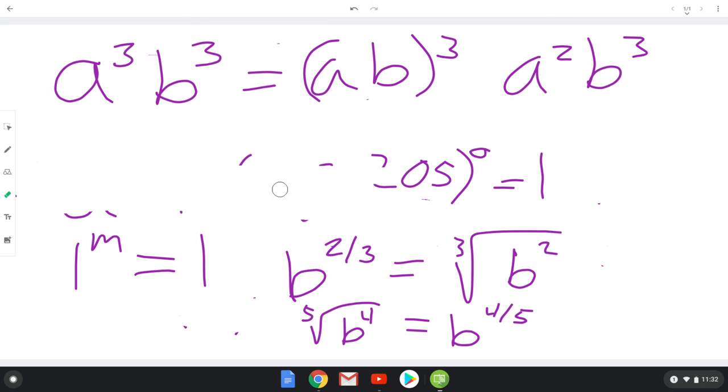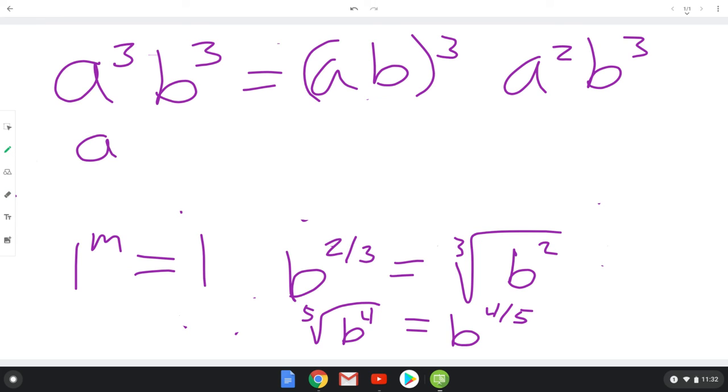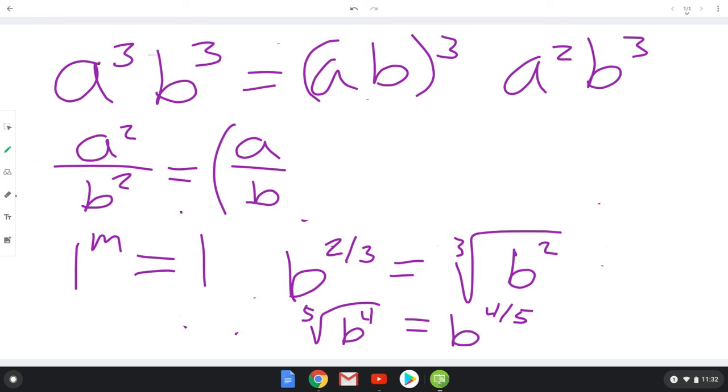If the bases are different, but exponents are the same, then I can divide the bases and then put them to that exponent. Only if the exponents are the same.